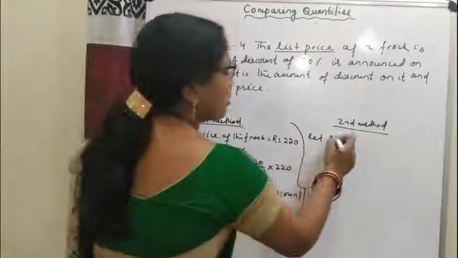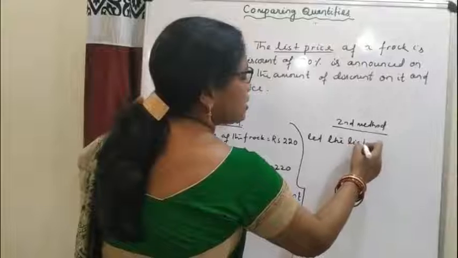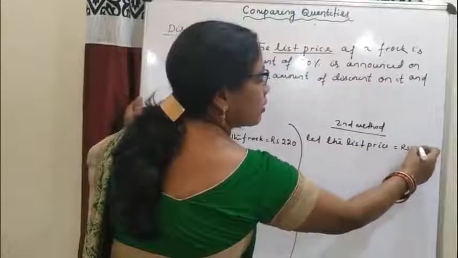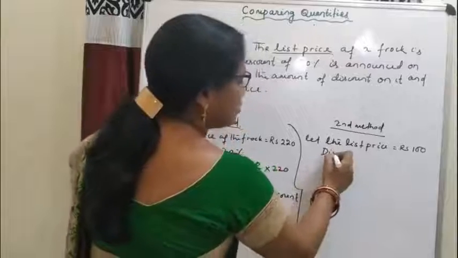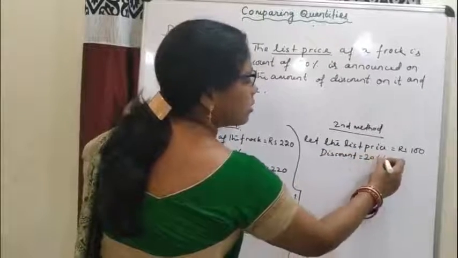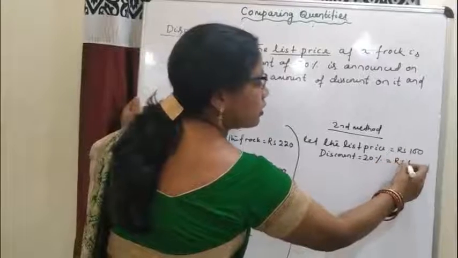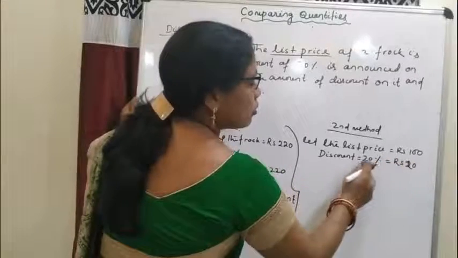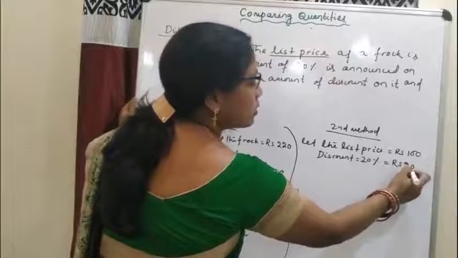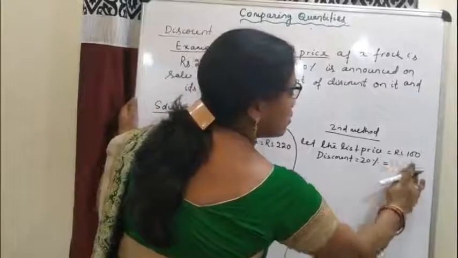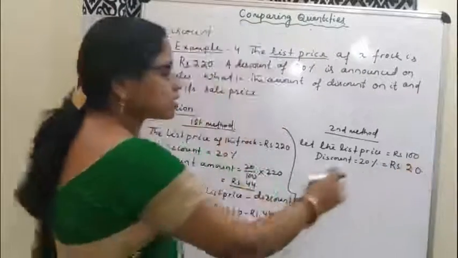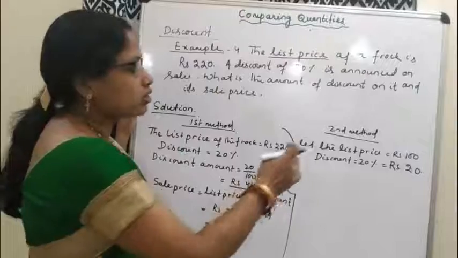Let the list price be rupees 100 and the discount be 20%, that means rupees 20. 20% of 100 is rupees 20.